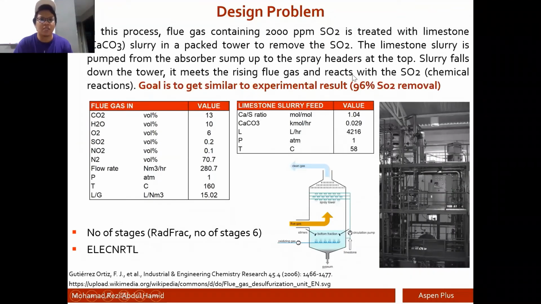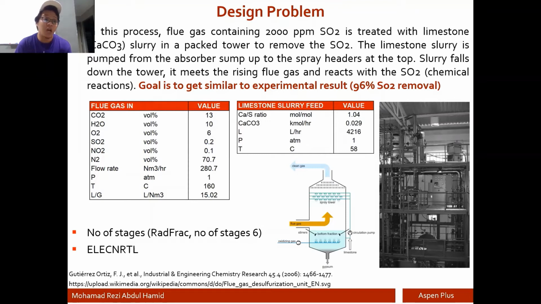So as you can see here, this is our Aspen Plus design problem. In this design problem, we have a flue gas containing around 2,000 parts per million of SO2, and this flue gas needs to be treated with limestone slurry in a packed tower to remove the SO2.